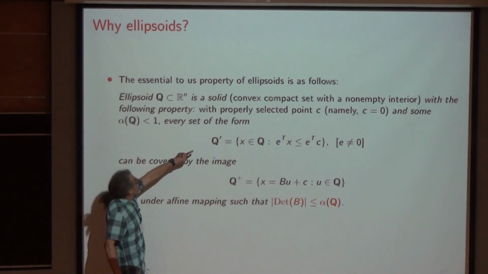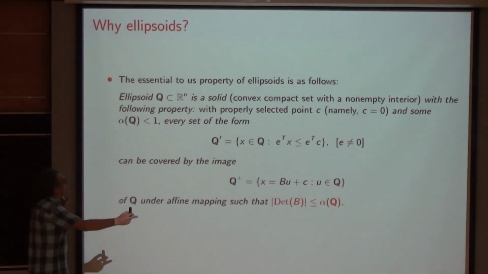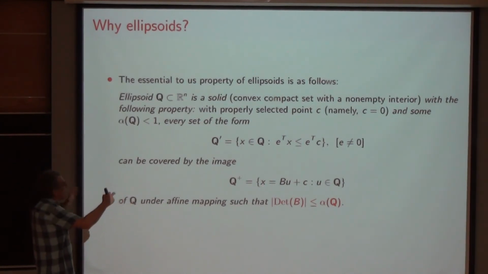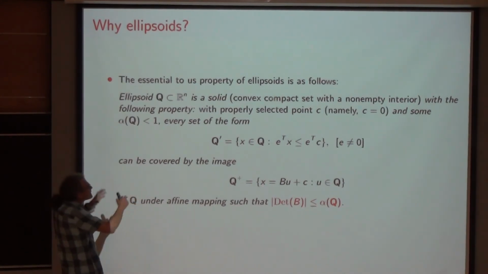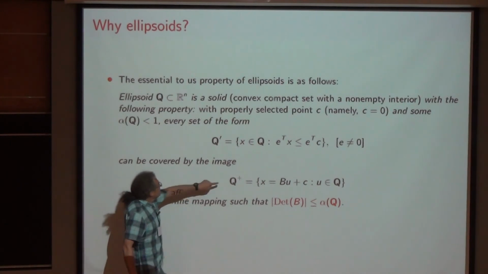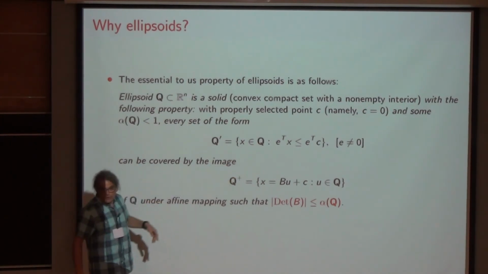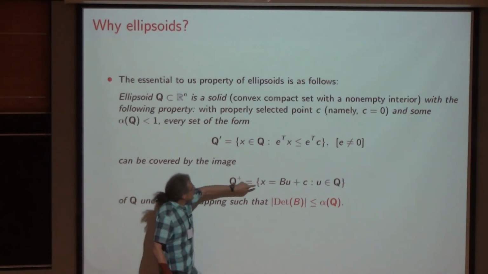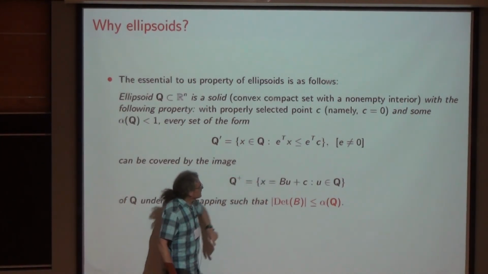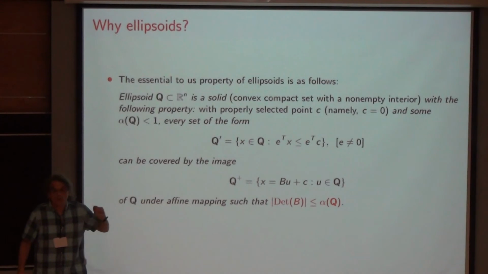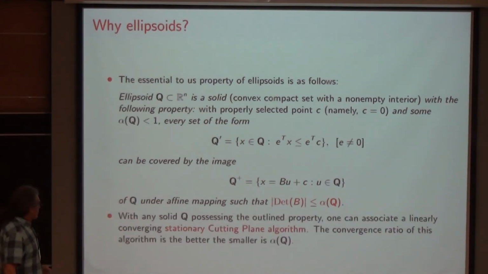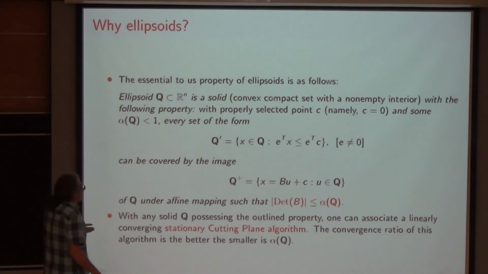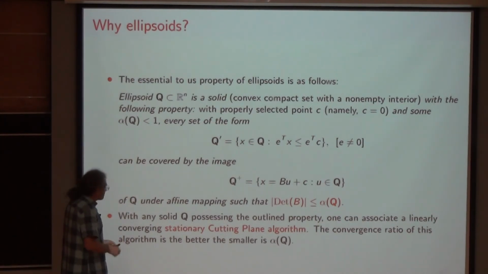Then we obtain a half set Q prime, and we want to put this half of the set in a set of the same geometry, which is an affine image of the original set. And we want the determinant of this matrix B, of this linear transformation, to be small. The smaller this determinant is, the better the rate of convergence of the algorithm will be.